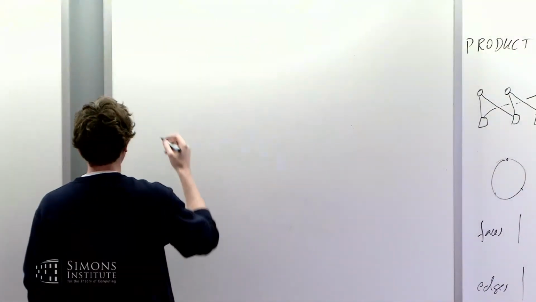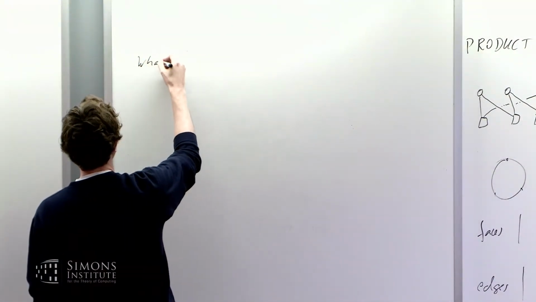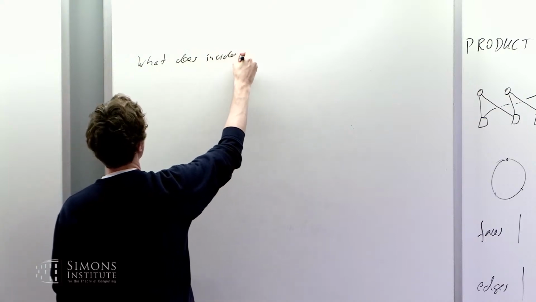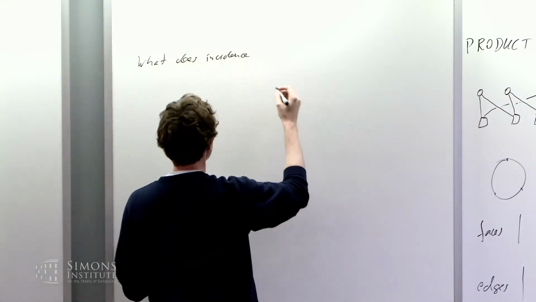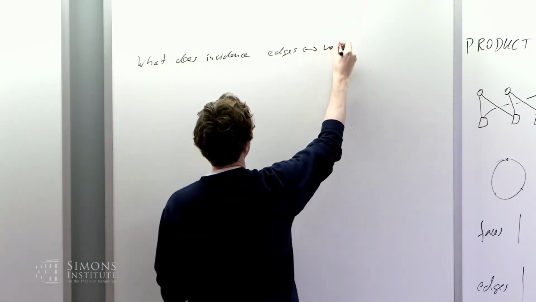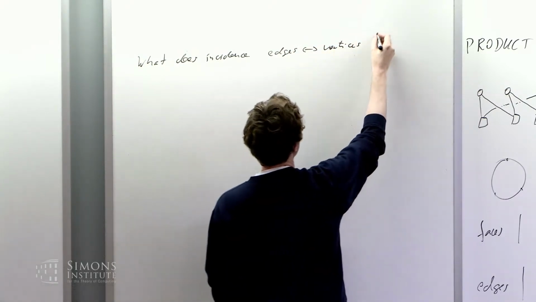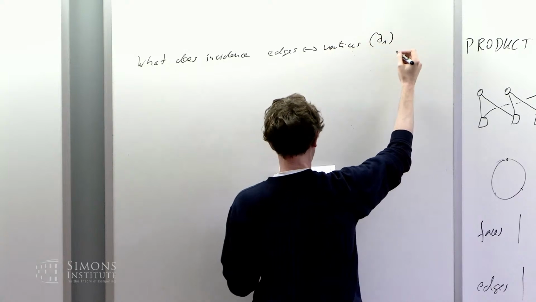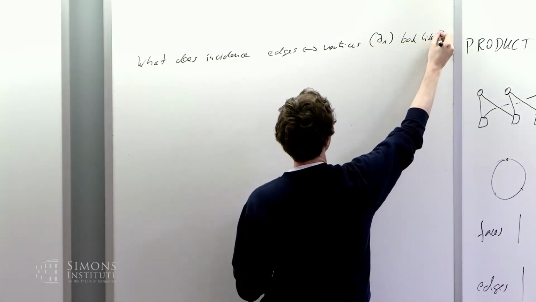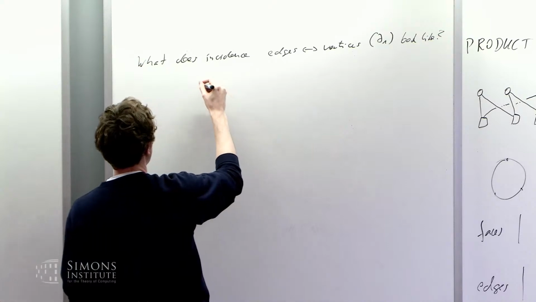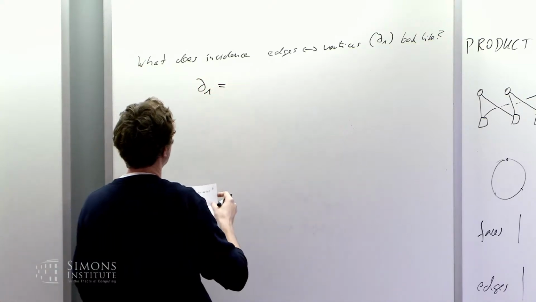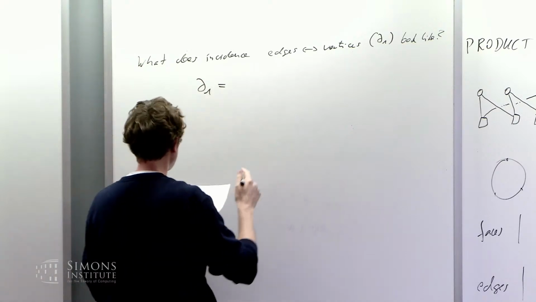So the question is, what does the incidence between edges and vertices look like? Let's call this del 1 of the product.